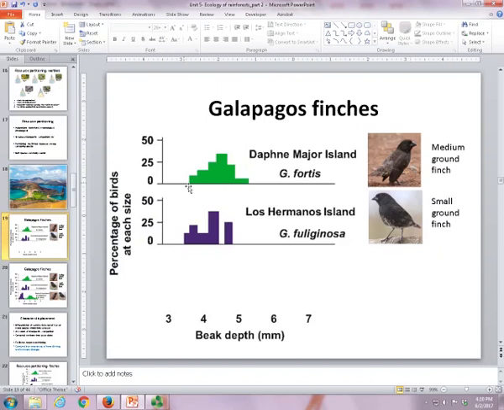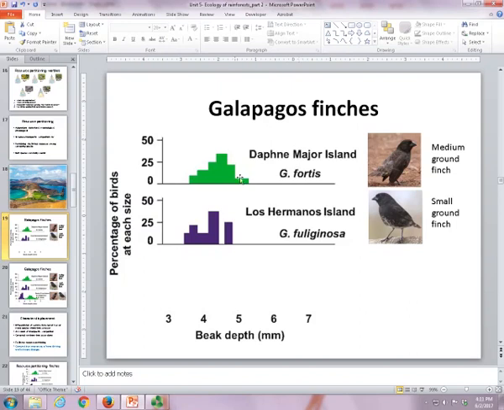So if you think about the distribution of beak depth, you can see that the beak depths are widely overlapping between medium and small ground finch in these two different islands. And you can easily correlate the beak depth with the size of seeds that they eat.